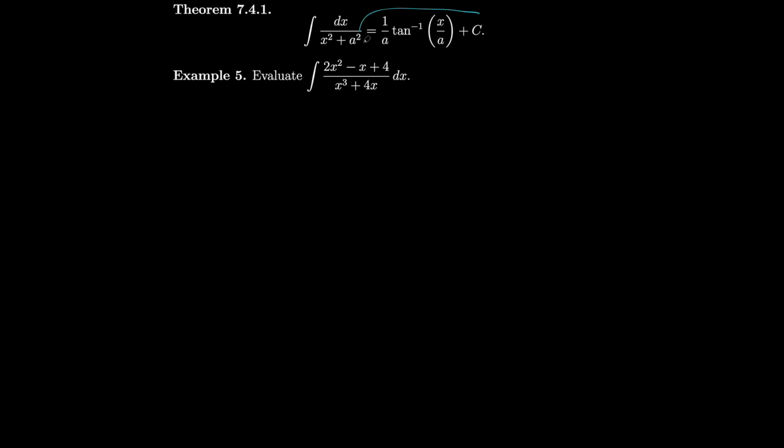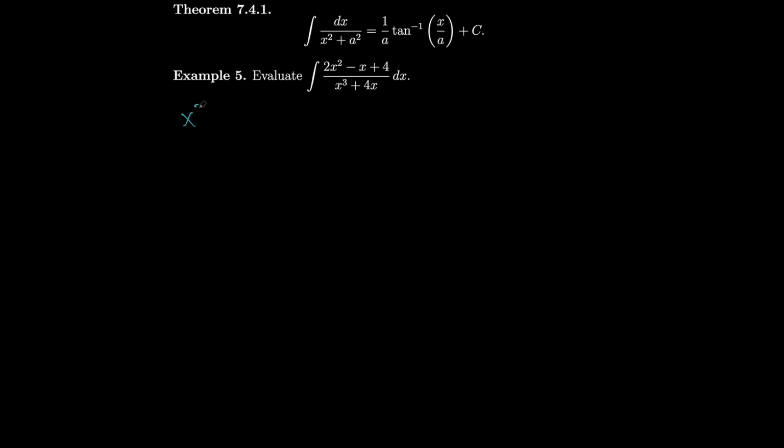So differentiating this side gives you the left pretty quickly if you know that the derivative of tan inverse is 1 over 1 plus x squared. So let's use that by taking a look at this problem. Notice the degree of the numerator is not greater than or equal to the degree of the denominator, so we do not divide. Instead, we'll just go straight to factoring our denominator.